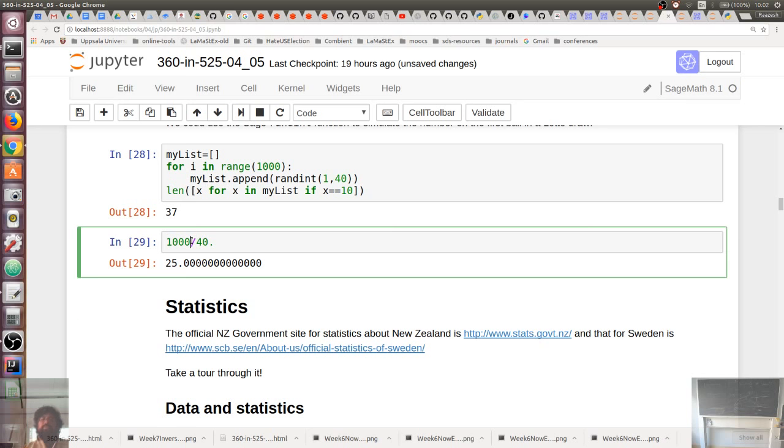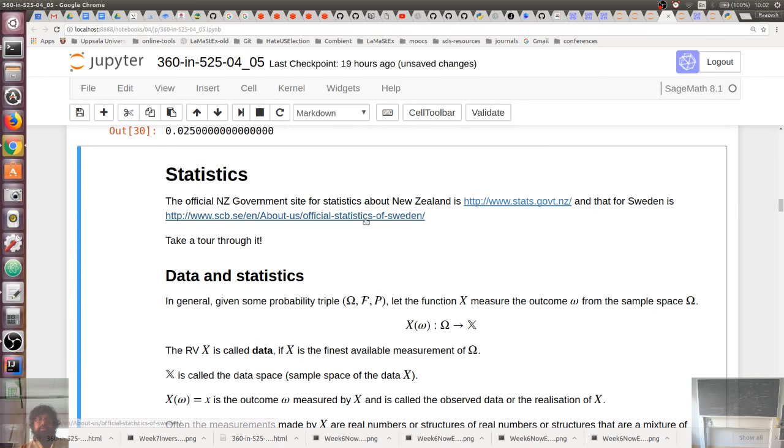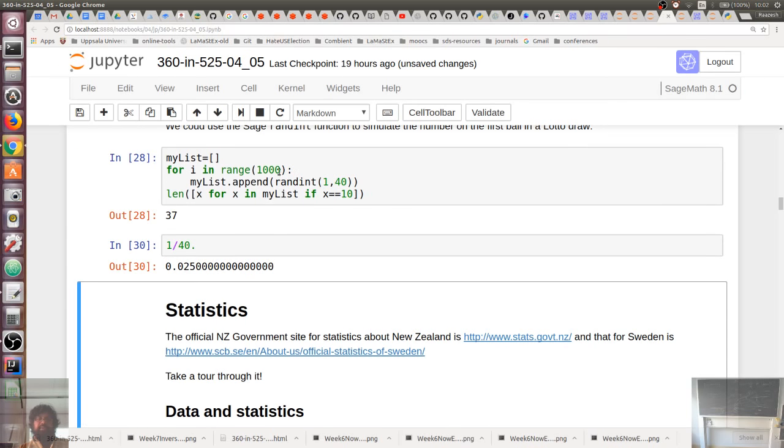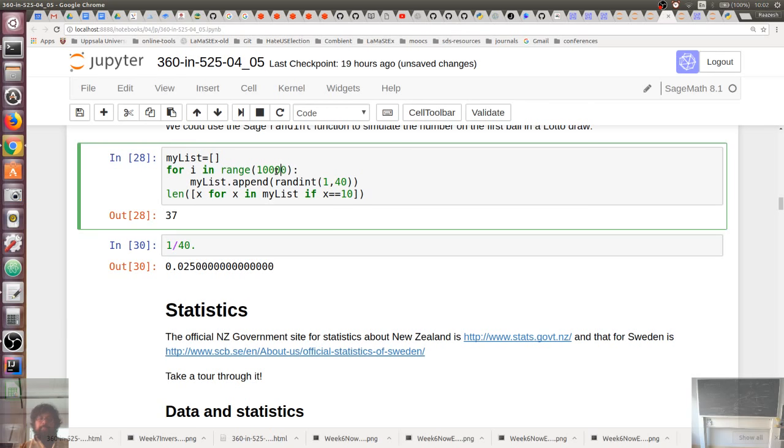So I should get 1 over 40, 0.025. So if I do this, divide by n.